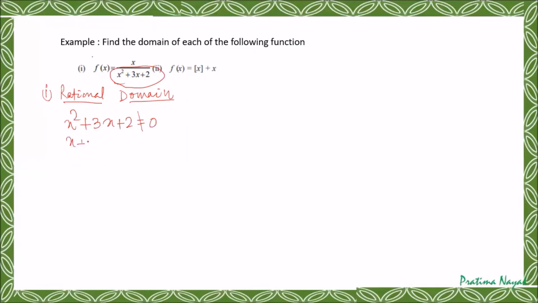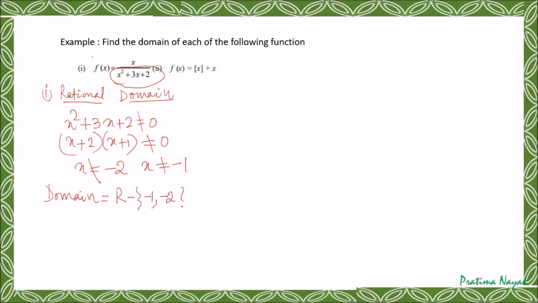If you factorize this, you get two values: x should not be equal to minus 2, and x should not be equal to minus 1. At that time it will not be defined. So we can write the domain is all real numbers except minus 1 and minus 2. So this is simple.